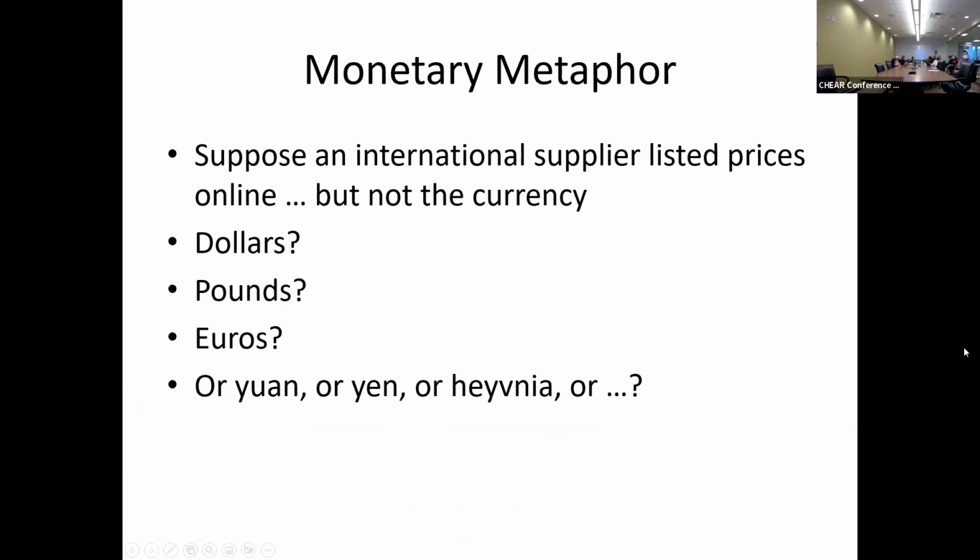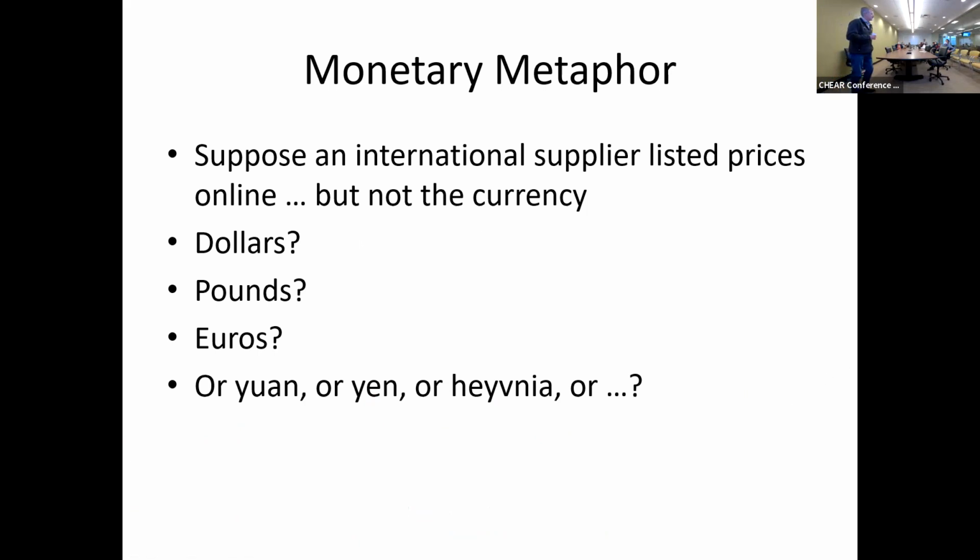So I'm going to give a metaphor here for why odds ratios are confusing. Imagine that there's a website selling something, they list prices, but they don't list the currency. So is it in dollars?